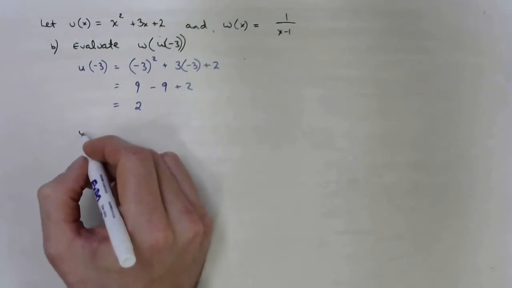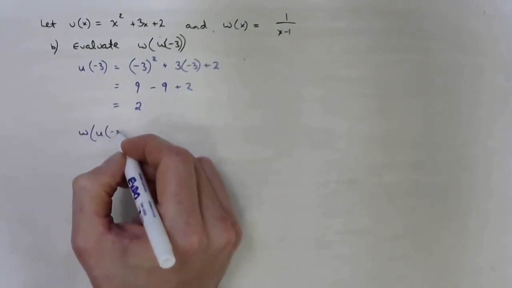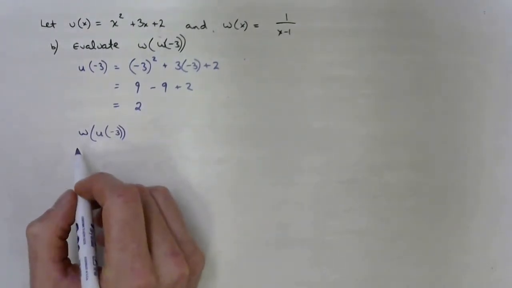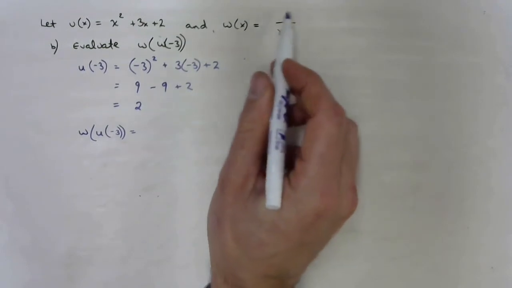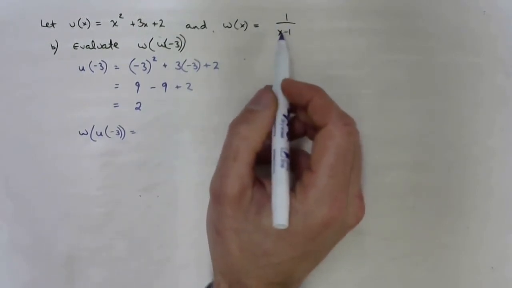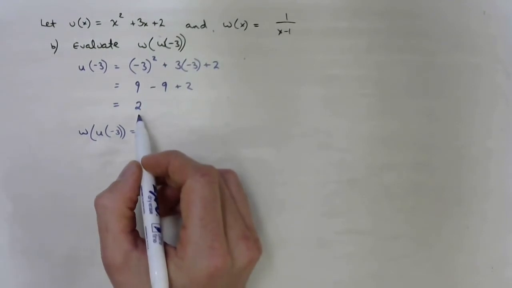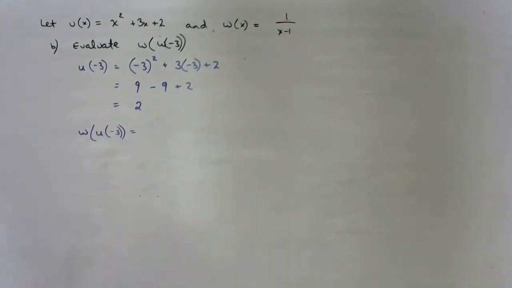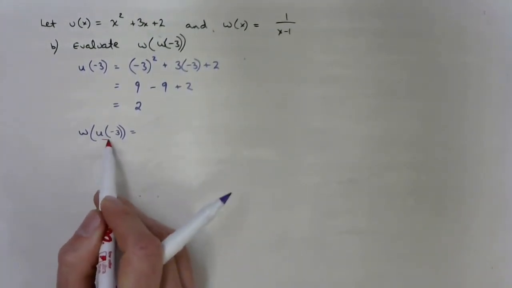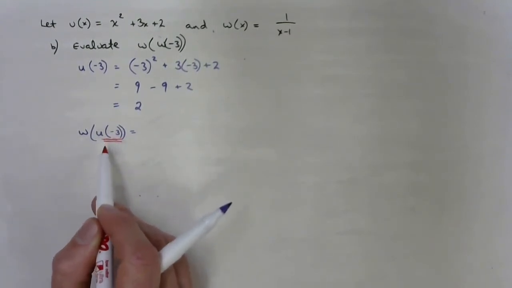And now in my next step, I'm subbing that into w of x. I'm not going to copy down w of x again. It's right here. But everywhere I see an x, now I know I'm going to be putting in 2. Okay? This part would cause a common error. So you're actually writing u of negative 3. The temptation would be to put negative 3 in, but you're not going to do that.